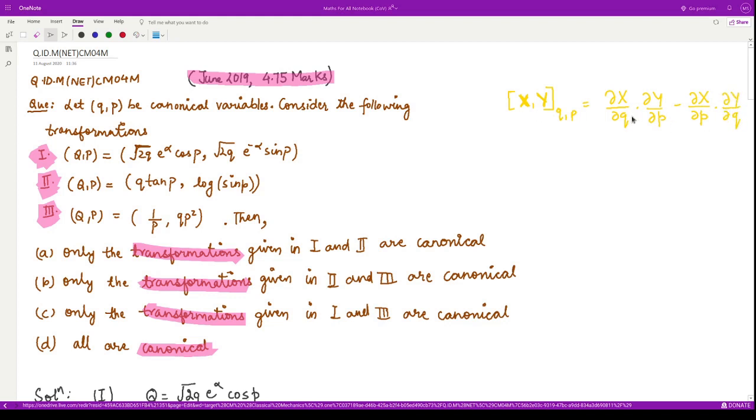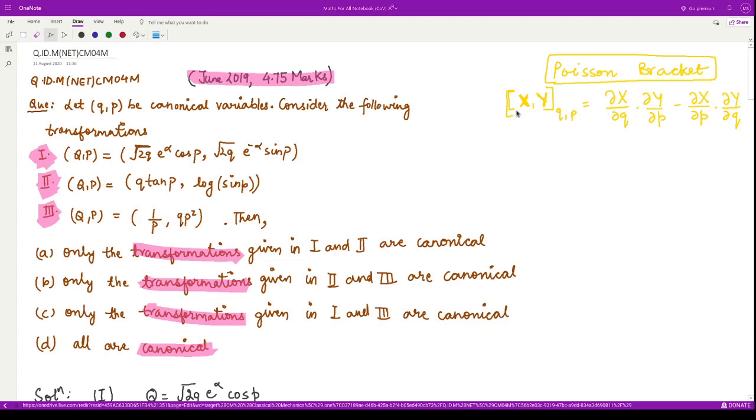So this is the formula corresponding to this Poisson bracket. For more information on the concept of these Poisson brackets and canonical transformation, you could visit the video lectures on classical mechanics, whose link is given in the description, right?